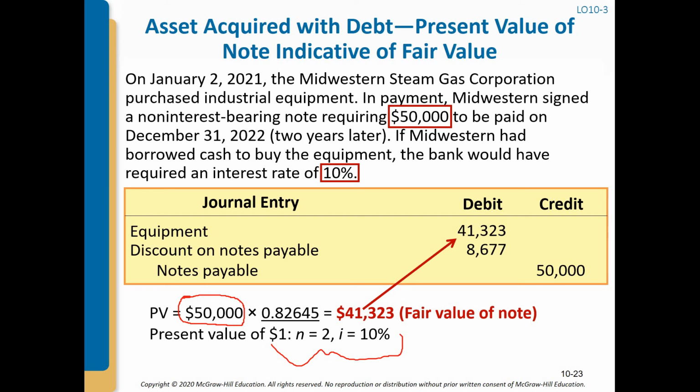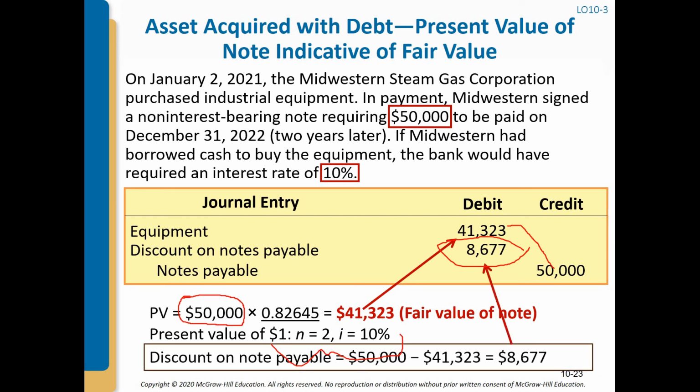So equipment debit, discount on notes payable. How have we found this discount? It is the difference between 50,000 and this one. This is our discount on notes payable, and we will amortize this based on the interest expense.